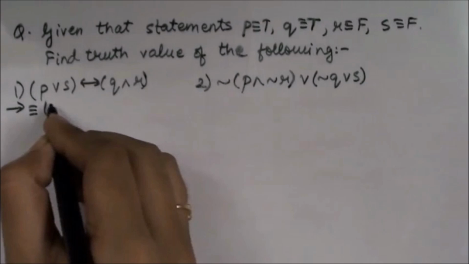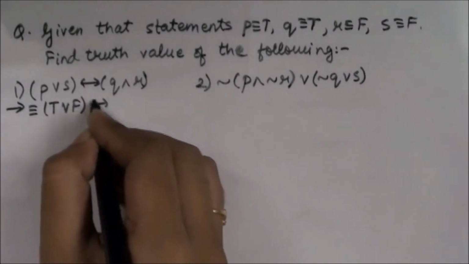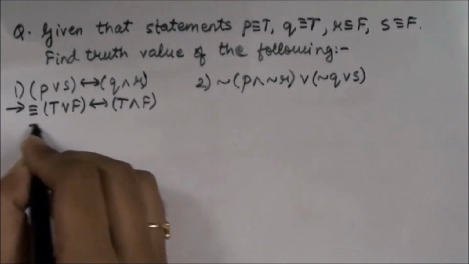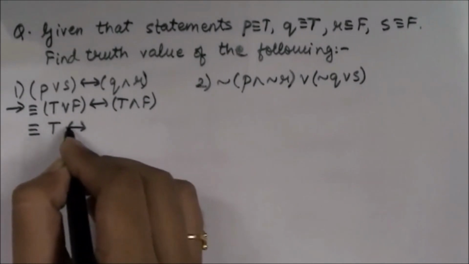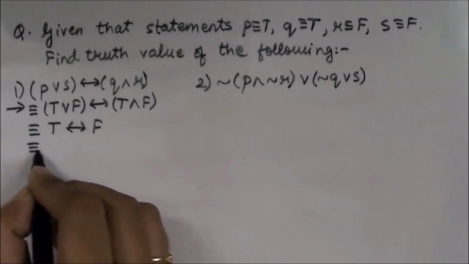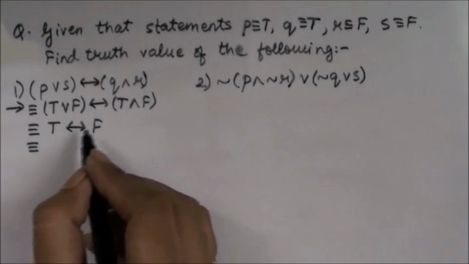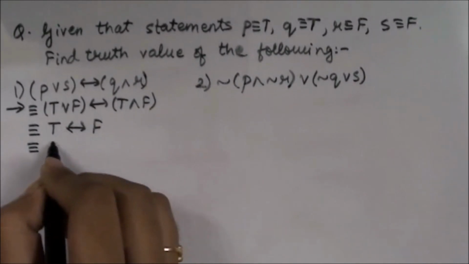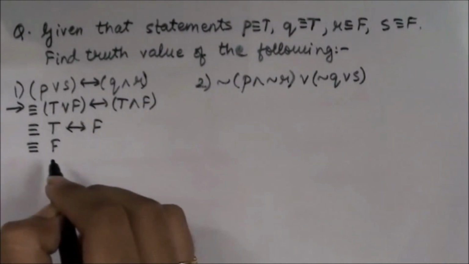So we will write them T or F, double implication, T and F. Now we know that T or F is T, double implication, T and F will be F. Now double implication is true only when both the truth values are same, but here both are different. So therefore this will be T double implication F will be false. So finally truth value of this complex statement is false.